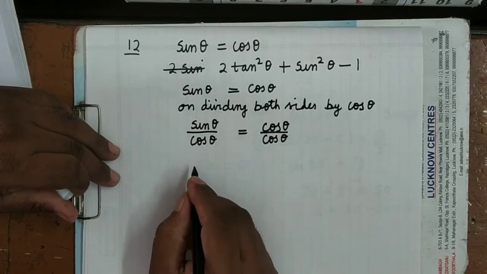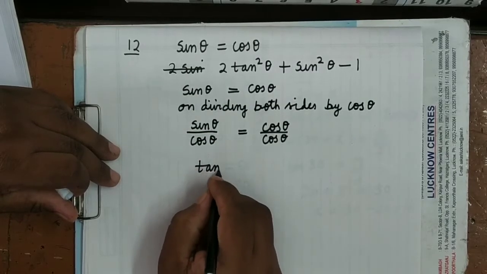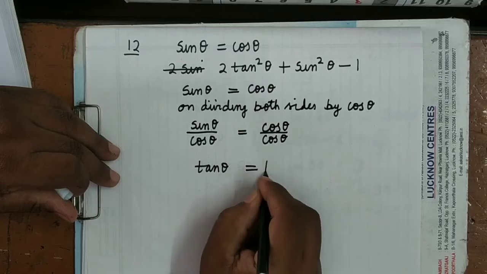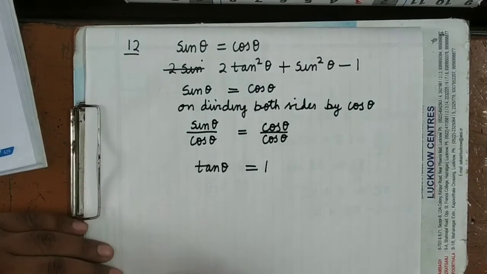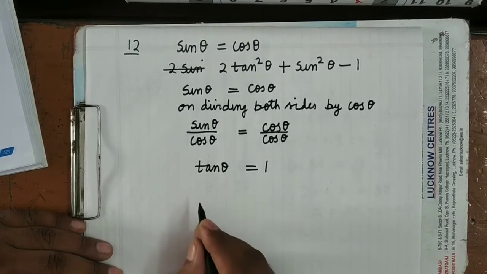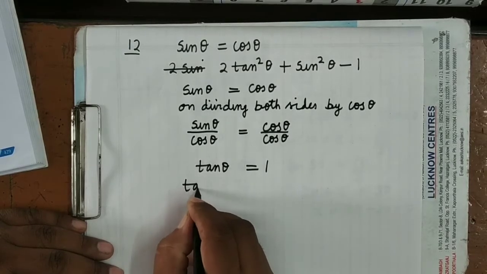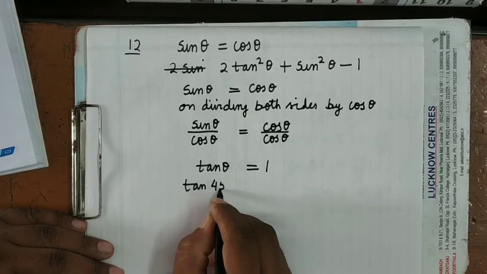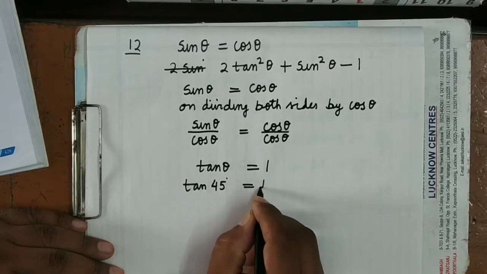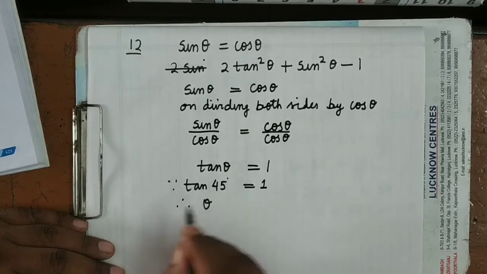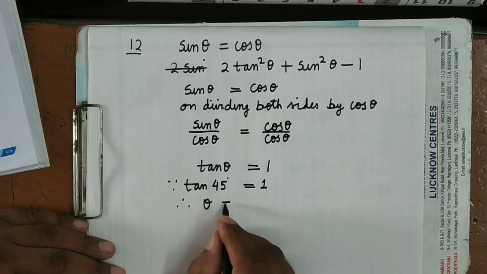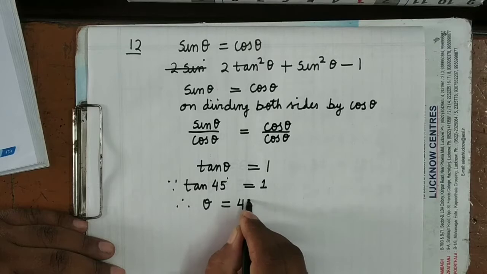So sine upon cos is tan theta equals 1. Now for which angle is tan theta 1? Tan is 1. So see here, tan 45 degree equals 1. Therefore, since tan 45 degree equals 1, theta equals 45 degree.